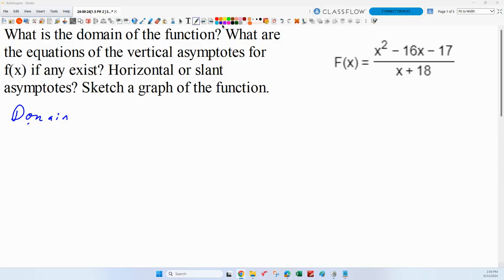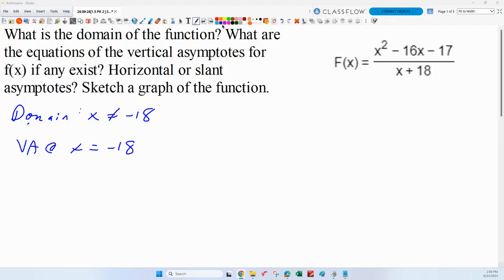We could factor the top, right? The top factors into x minus 17 times x plus 1. And so negative 18 is not a factor of the top. But you could also just plug it in. You can see it's not going to give you a 0 on the top. So the domain, x is not negative 18. We get a vertical asymptote at x equals negative 18.